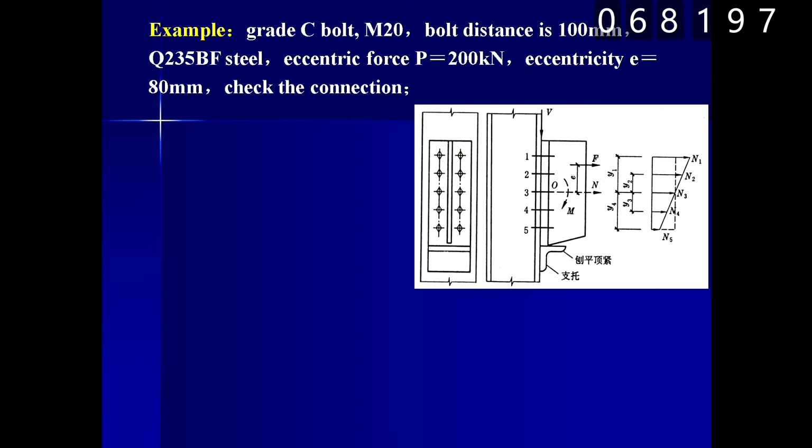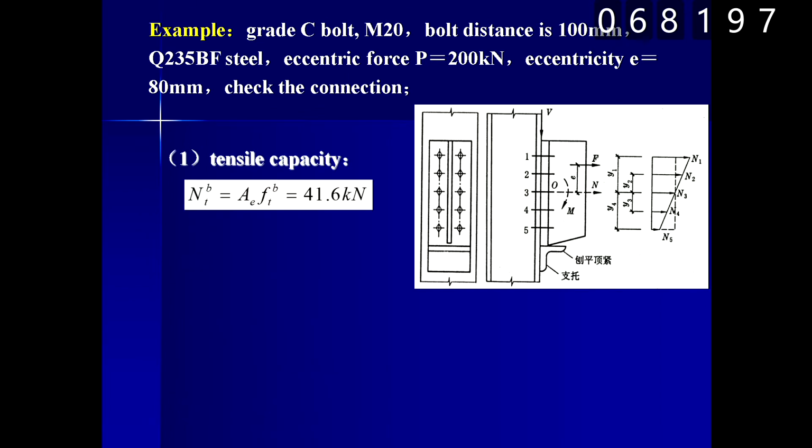So the first step is what? First step is what? We check the tension capacities for each bolt. I just show you the logic. You don't need to memorize it, but you should understand it. When you face a problem like this case, you can directly use this method.